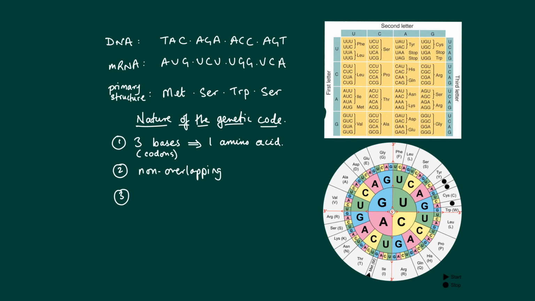Similarly, any other codon only gives rise to that particular amino acid or means that particular thing. There's no leeway for interpreting a codon as any other thing than what it's meant to code for. This means that the code is unambiguous.